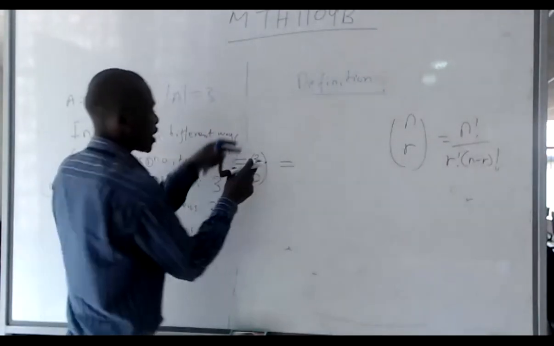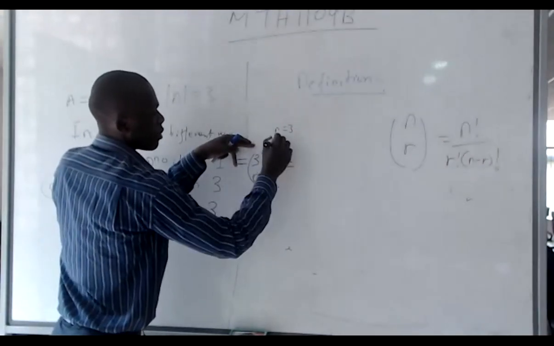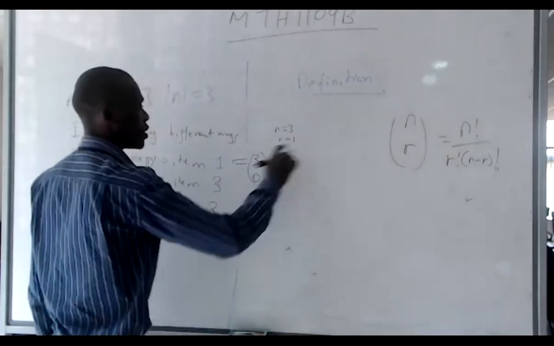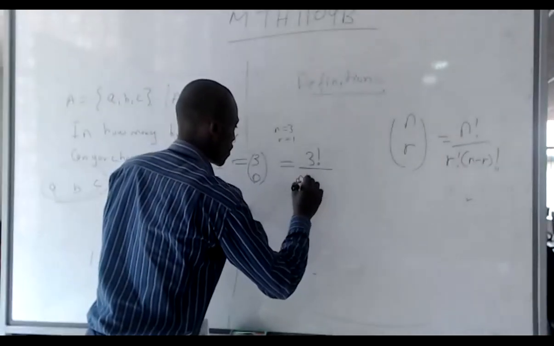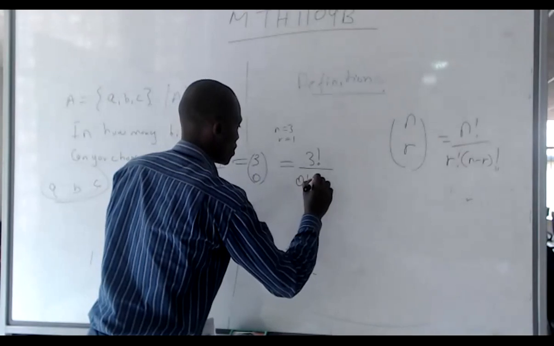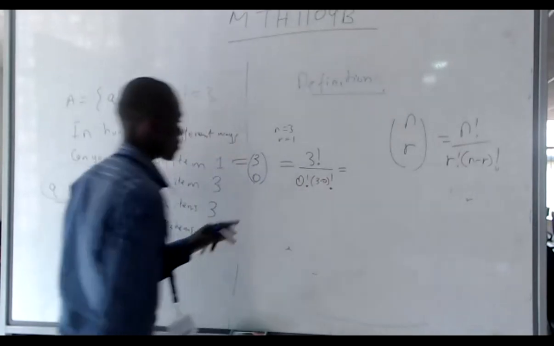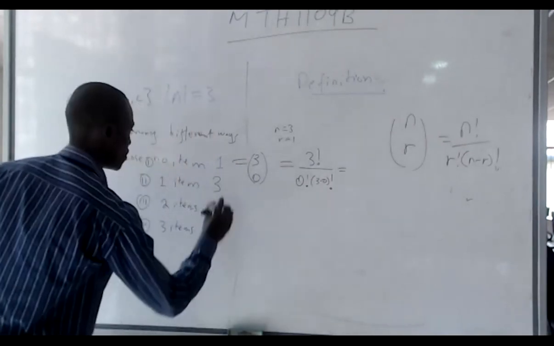In this case n is 3 and r is 0. So I have 3 factorial divided by 0 factorial times 3 minus 0 factorial. You work that out and give me.